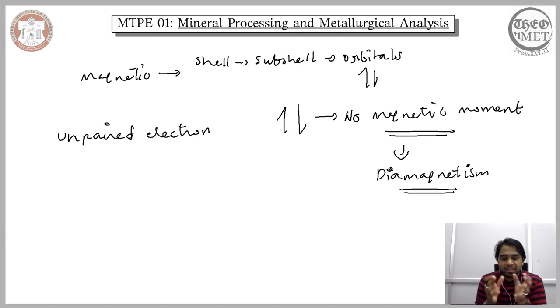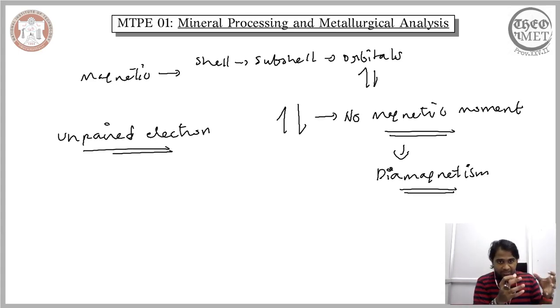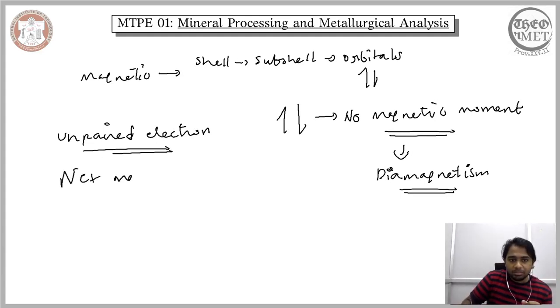However, when you have an unpaired electron, you don't have any counteracting rotation. You don't have any spinning that counteracts the moment created by the unpaired electron. So in the case of orbitals with an unpaired electron, if in your mineral you have elements with an unpaired electron present, since you don't have any other electron that could counteract its spinning, you have some degree of net magnetic moment.